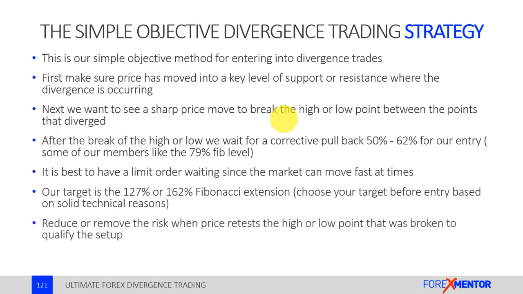Then we want to reduce or remove risk when price retests that higher low point that was broken to qualify the setup. Now, this is also where I may differ a little bit, and I say reduce or remove because we want to make sure our stop stays protected. So sometimes it's better to move the stop just below the swing point.